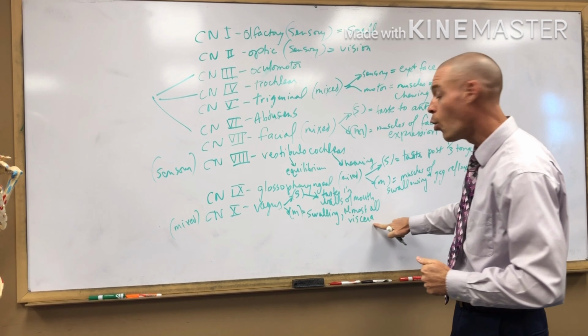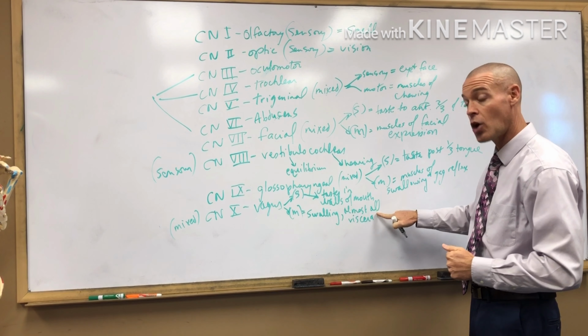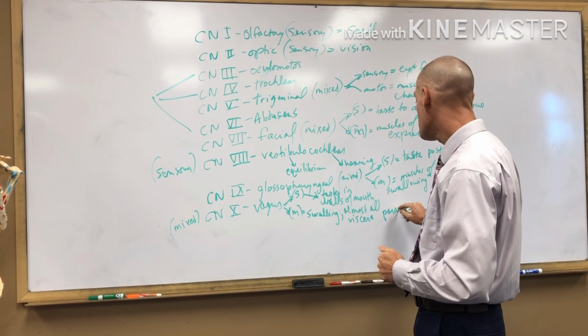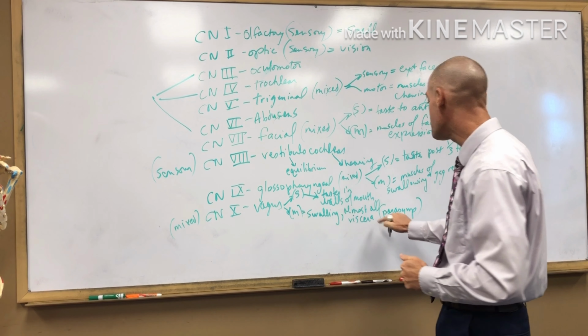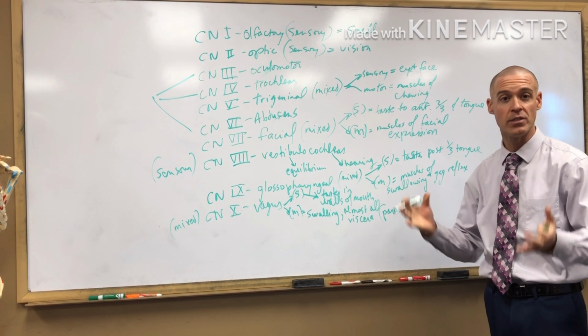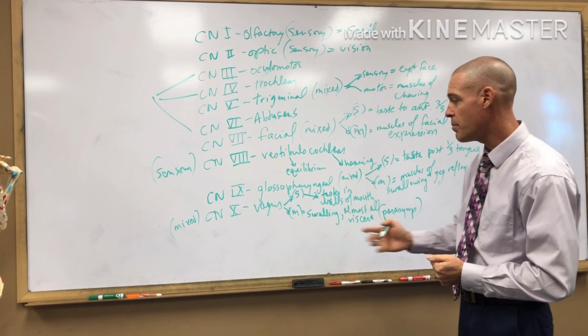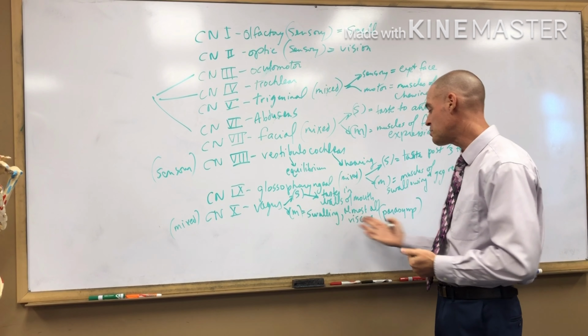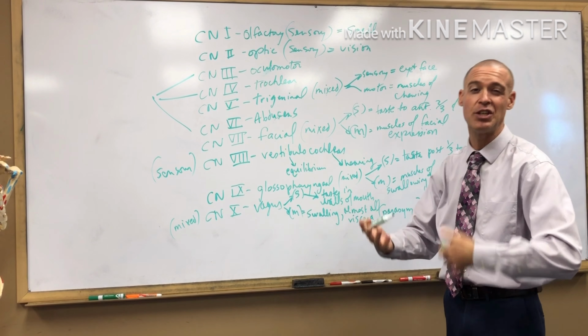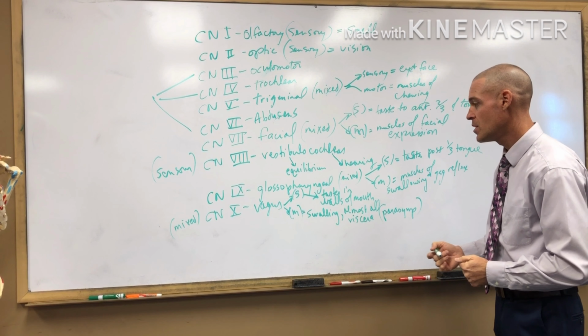Again, viscera meaning organs. It's going to control almost all viscera, and that is parasympathetic control only for almost all organs of the body. For most organs, it's parasympathetic, which means it's going to slow the organ down, with the exception of digestion and urination and things like that.